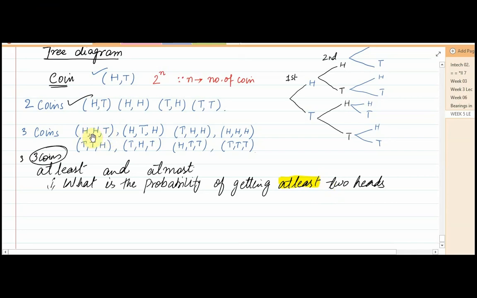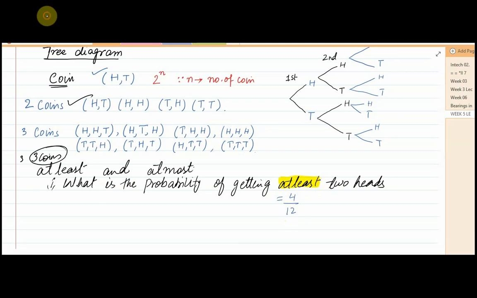We have 2 heads, 2 heads, 2 heads, and 3 heads. If I ask you, do you have at least 2 heads in this scenario? Obviously you will say yes. So at least 2 heads means it could be 2 or more than 2, but not less than 2.